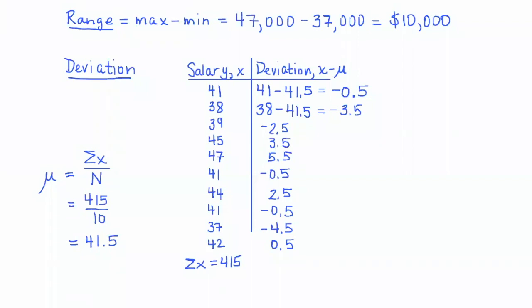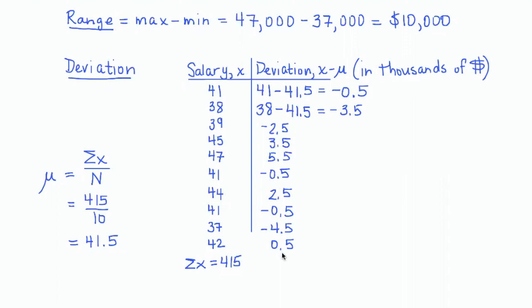So at this point, we've finished what the question asked us to do. However, we do want to remember that these deviations are in thousands of dollars, so it's good to put a label on it. And the temptation might be to try and total the deviations to get a sense of how the data as a whole is behaving.